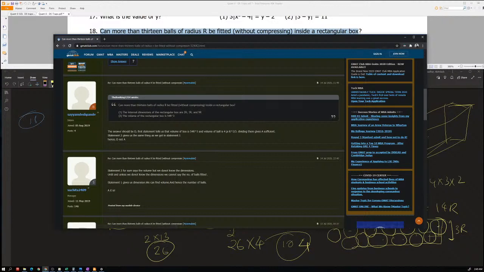Somebody told that the answer should be D. The first statement tells us that the box volume is 54 r cubed. The volume of the ball is 4 pi r cubed over 3. Dividing gives A sufficient. Statement 2 gives the same. I think we got inside is 1, hence D not A.